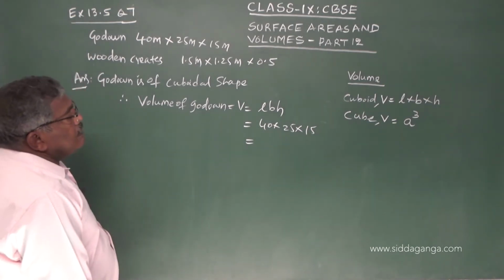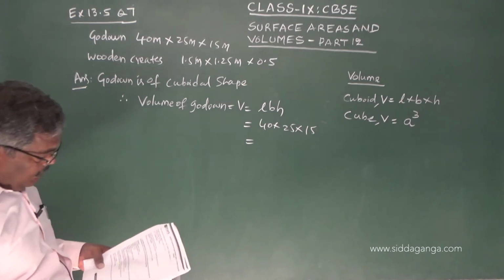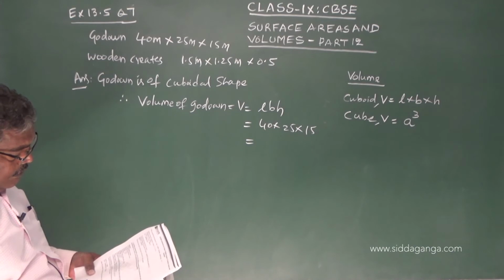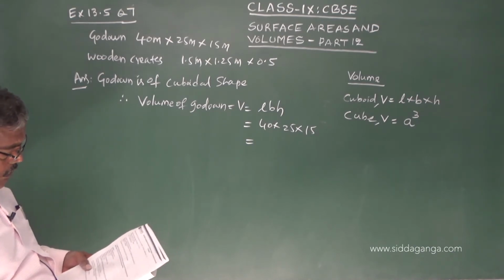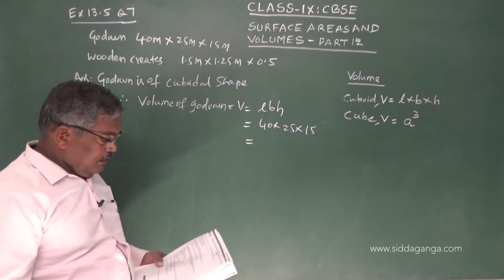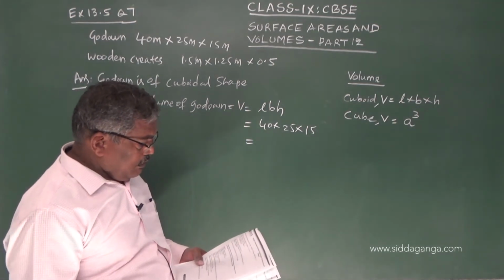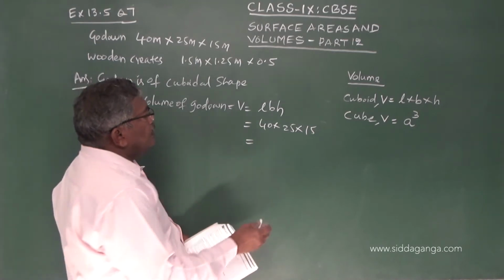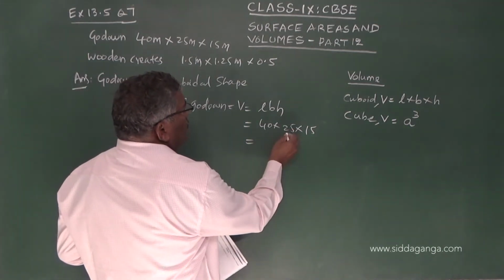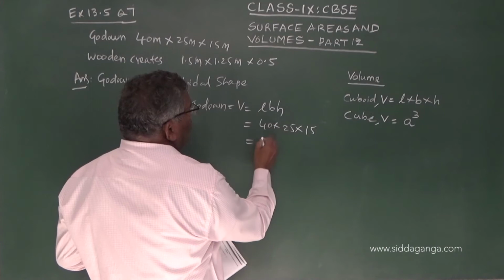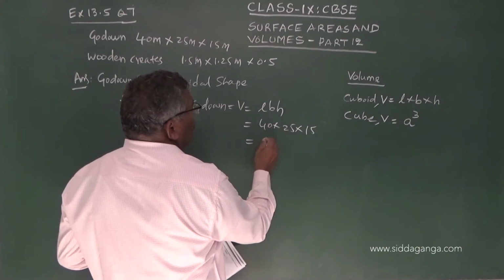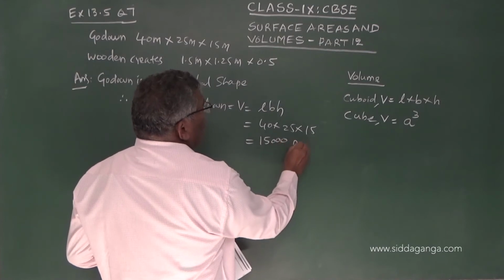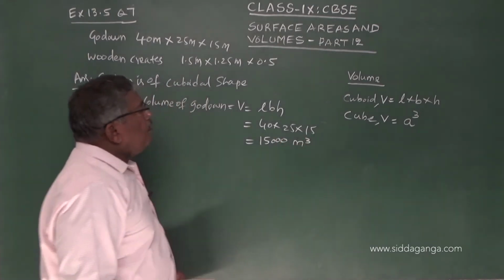So you calculate this. This is simple. 25 into 40 is 1000. So 15,000 meter cube.